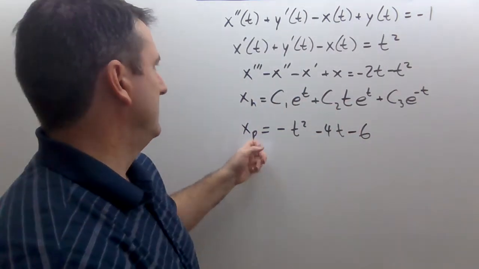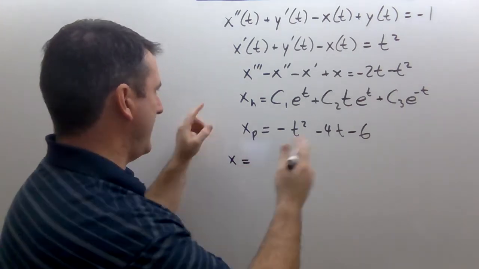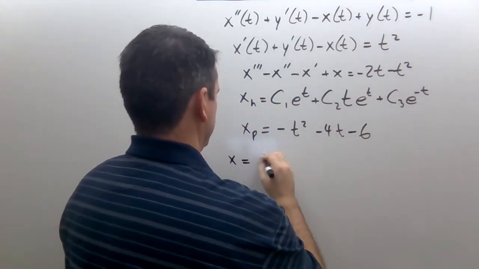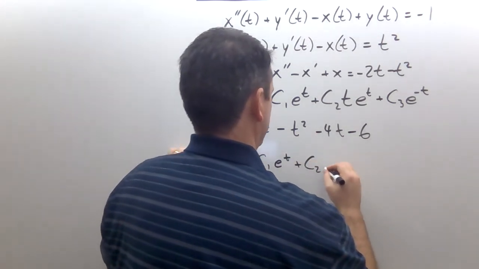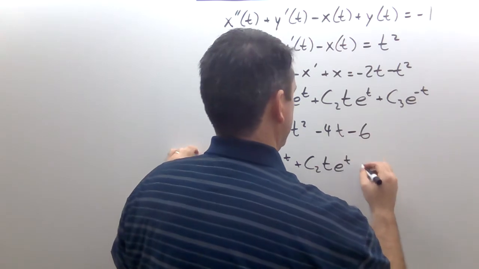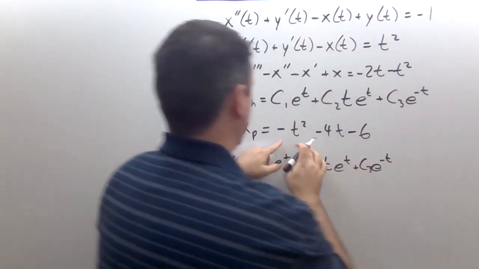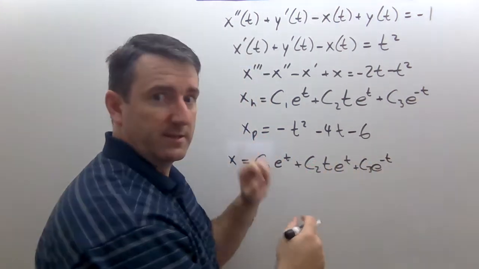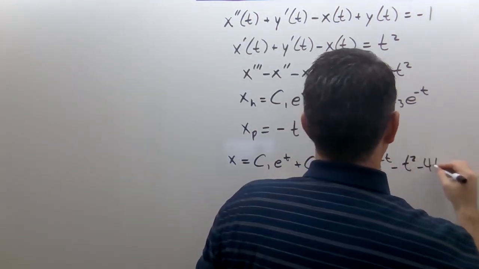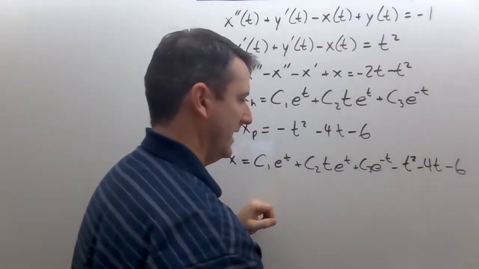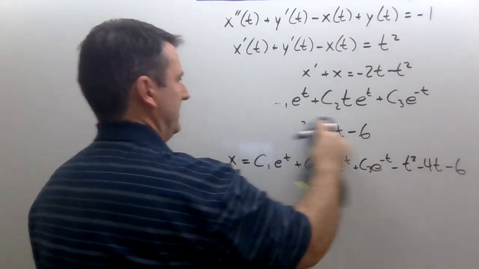So now that means that our x is going to be this homogeneous solution, C1 e to the t plus C2 t e to the t plus C3 e to the negative t, plus the particular solution, so minus t squared minus 4t minus 6. So there's x. Let's put that up here.